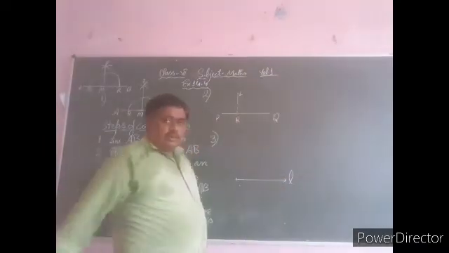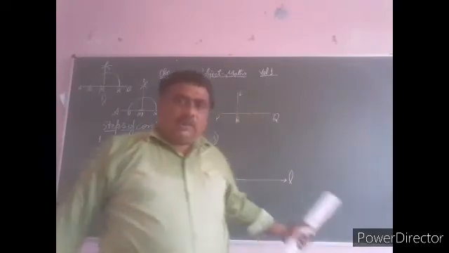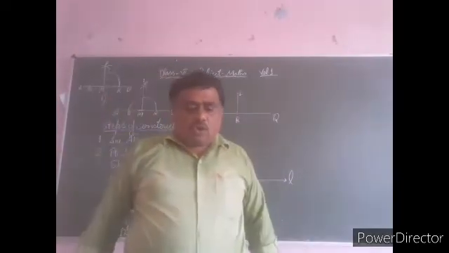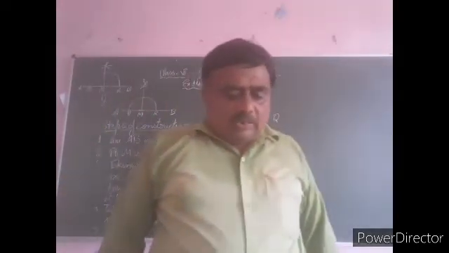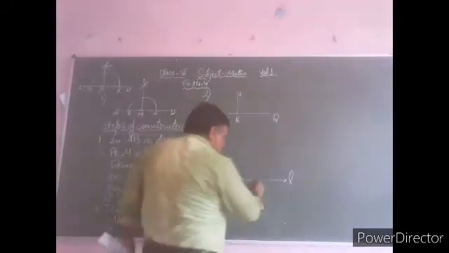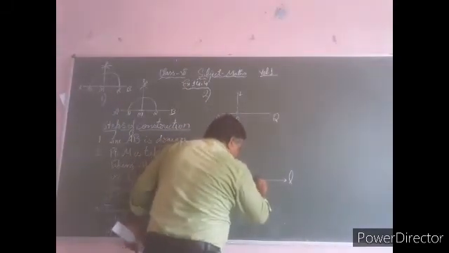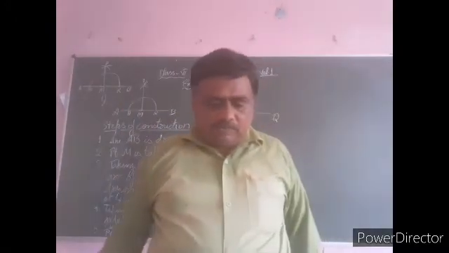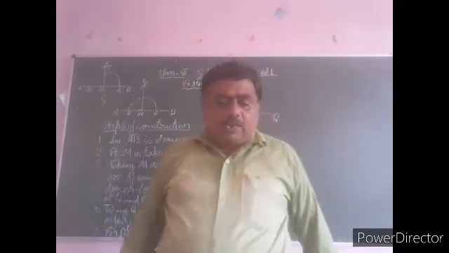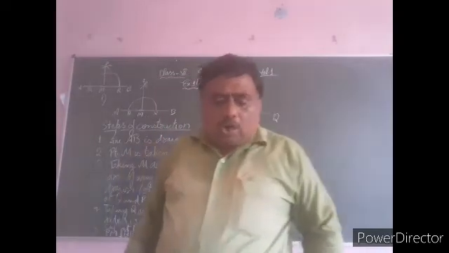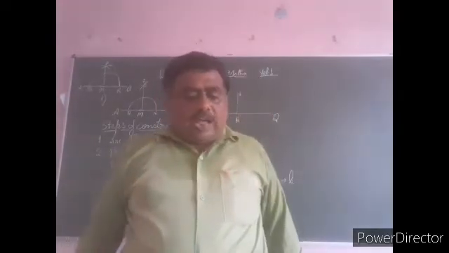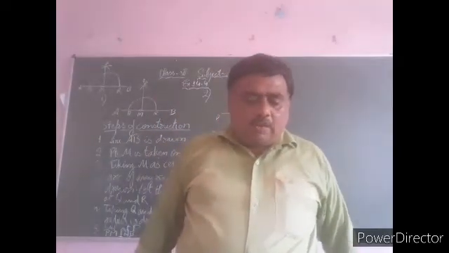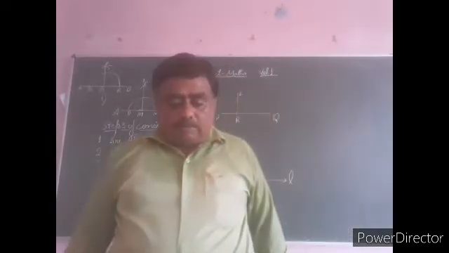Step number 1, a line L is drawn. Step number 2, a point X is marked on it. Now here it is said, through X draw a line segment XY perpendicular to L.